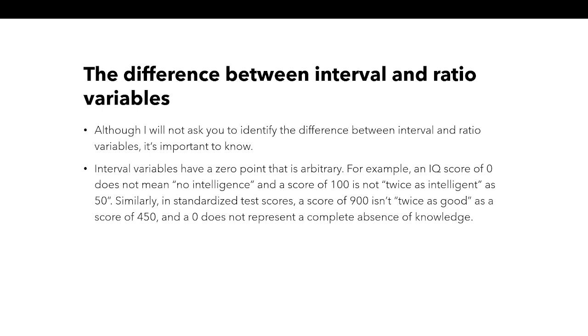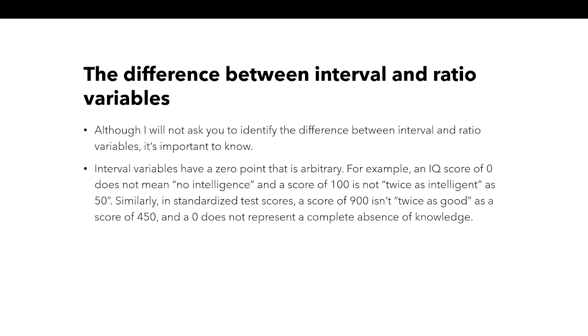It sounds kind of odd, but let's take a look at this example. An IQ score of 0 does not mean no intelligence. Just as an IQ score of 100 is not necessarily twice as intelligent as 50.